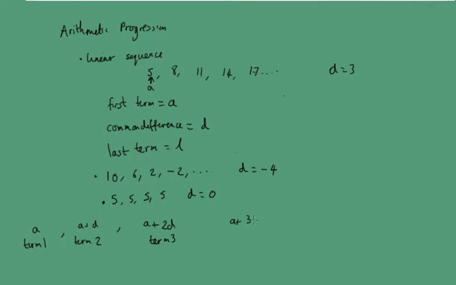A plus 3D is term 4. A plus 4D would be term 5. So the nth term is equal to A plus (n minus 1) D.